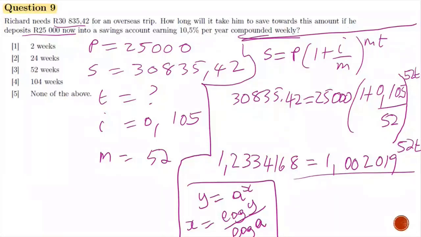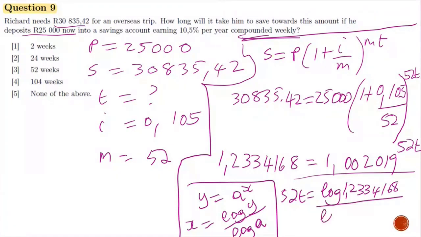That means your 52T is going to be equal to log of 1,2334168 divided by log of 1,002019. Then you plug into your calculator and find your T.